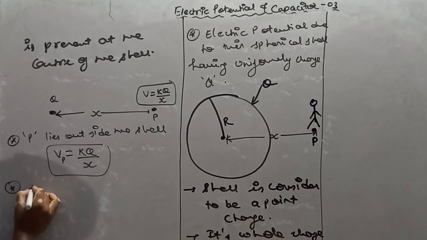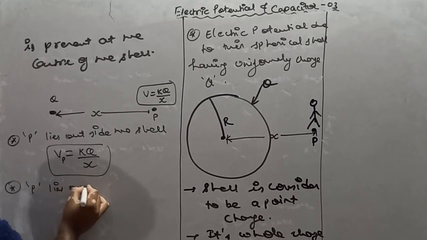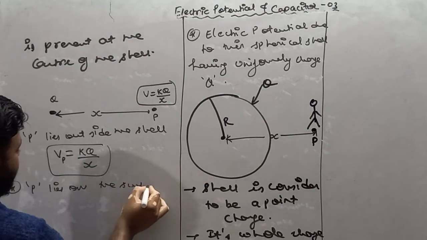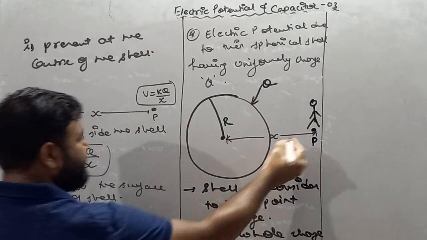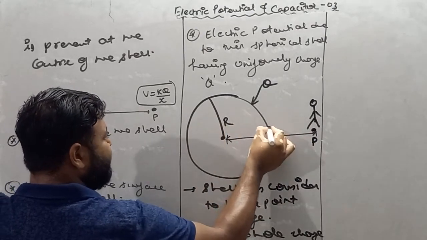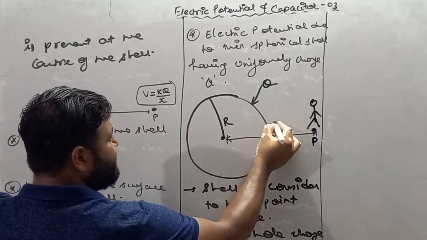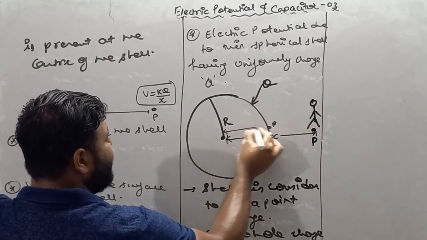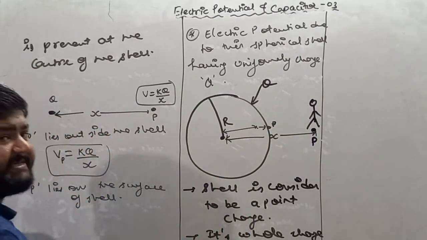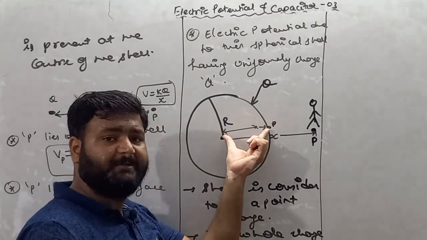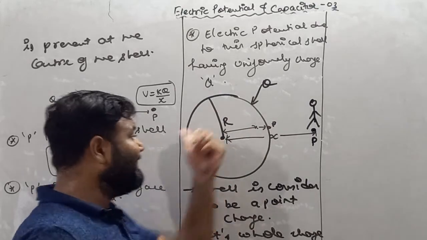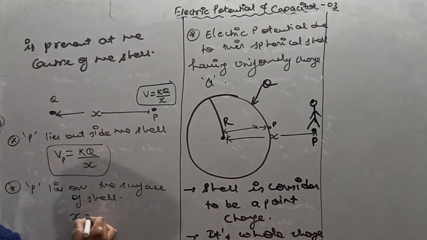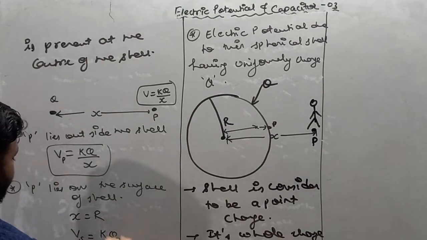Second point, if P lies on the surface of the shell, then it is obvious that the value of x, the distance from the center of the shell to point P, becomes equal to r. So x can be written as r, and the potential on the surface is kq by r.